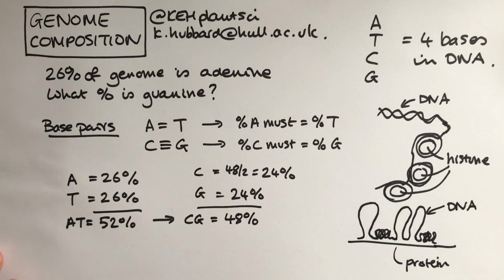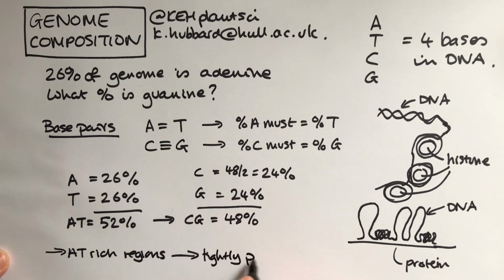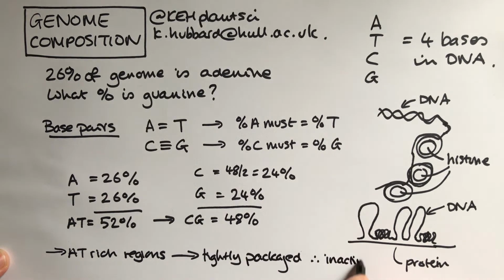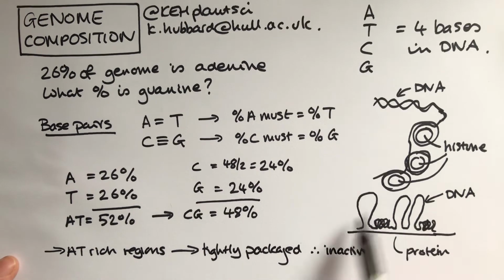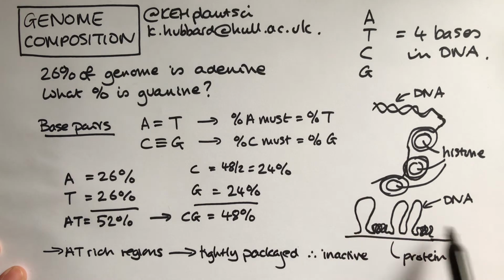What we know from a lot of bioinformatics, a lot of detailed studies, is that AT-rich regions are more likely to be tightly packaged, and therefore are more likely to be inactive. If we're going to transcribe this DNA, it needs to be loosely packaged in order for transcription factors and polymerases to get anywhere near it.